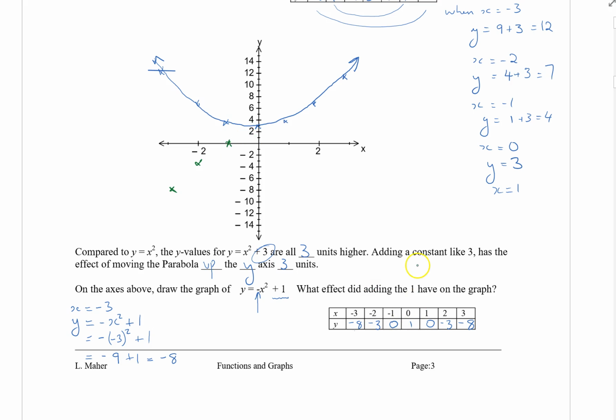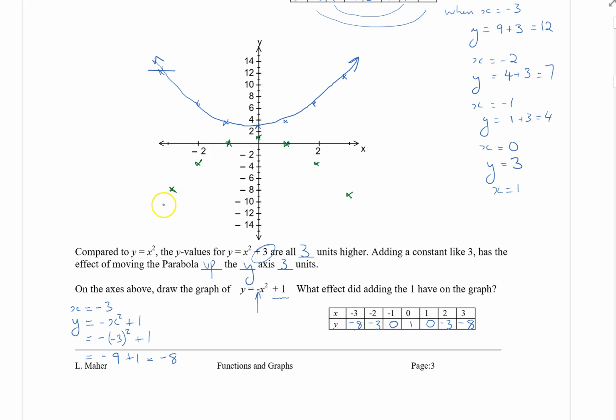Y is 0. And at 0, we're up here at 1. Yes, we're at 1. And at 1, we're back to 0. And at 2, we're down at negative 3. And at 3, we're back down to negative 8.